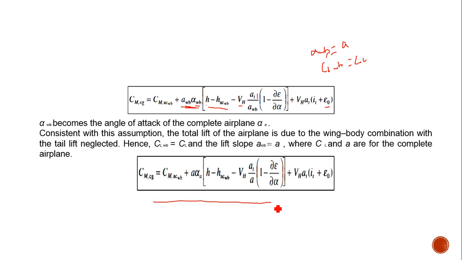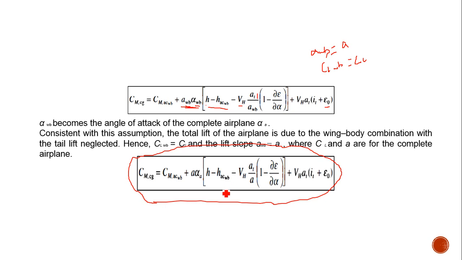So this is the pitching moment coefficient formula for the whole airplane. If they ask you to find the pitching moment for the whole airplane, just note down this formula, so that you use it and find the answers.